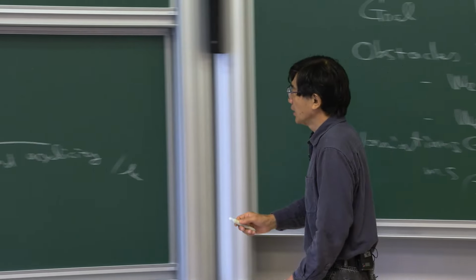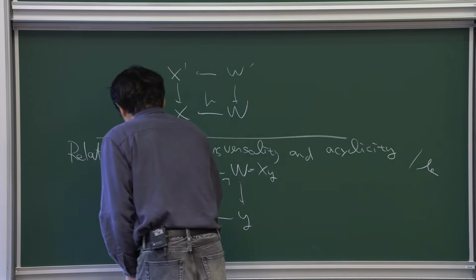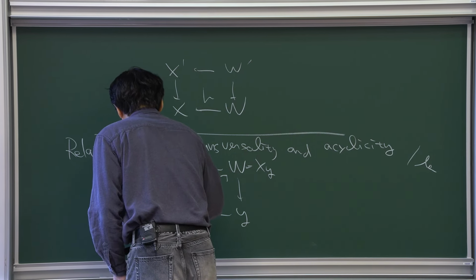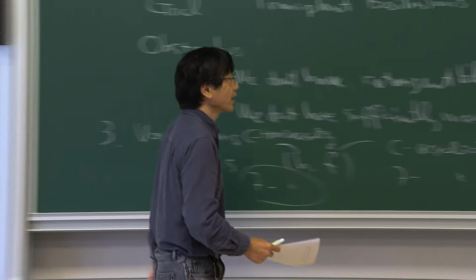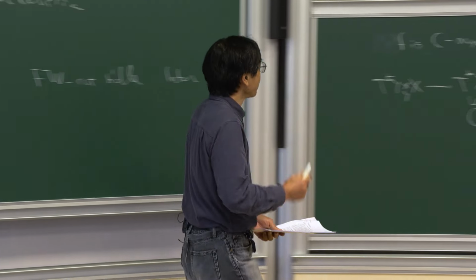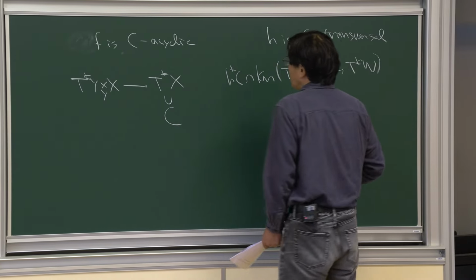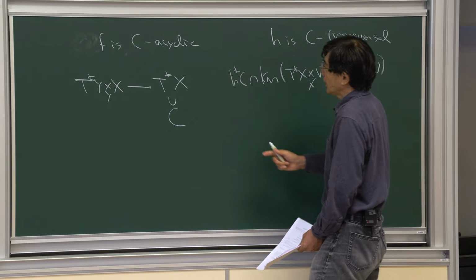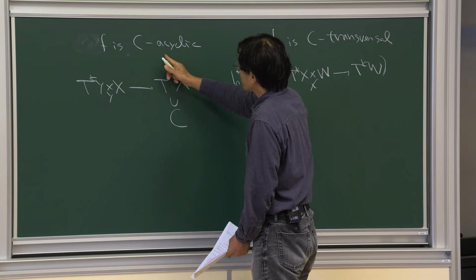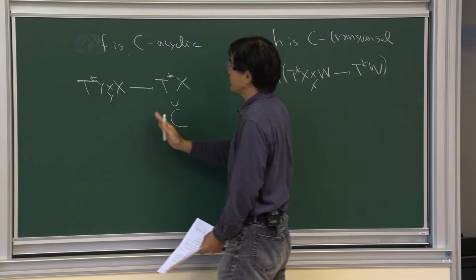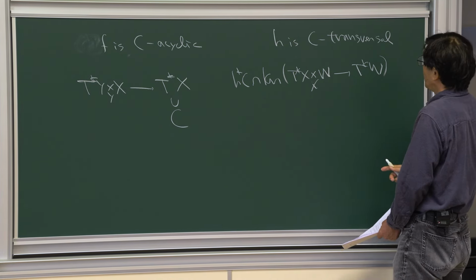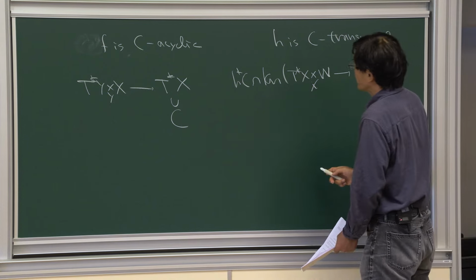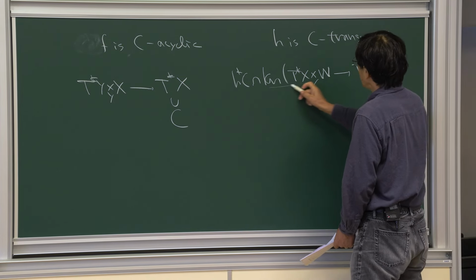So I assume this F to be smooth, so that this W will be smooth. Okay, then the condition here is that the inverse image here is a subset of the zero section. Then what is the relation between these two?